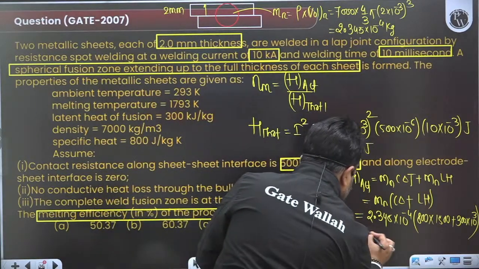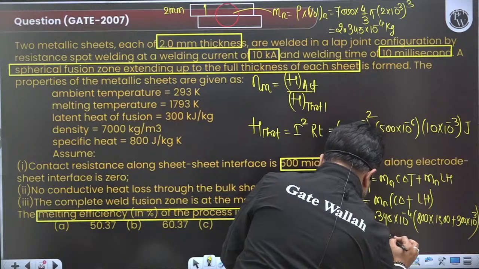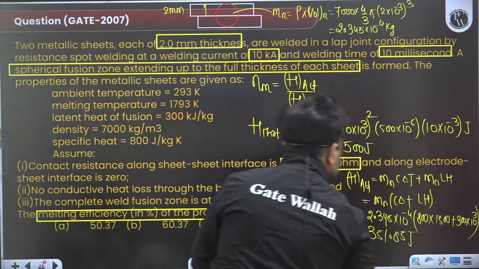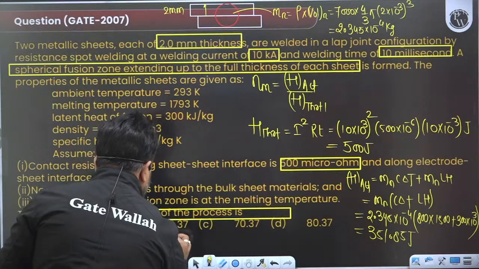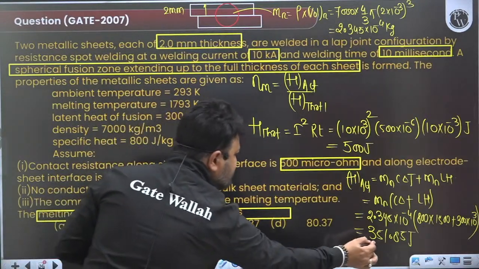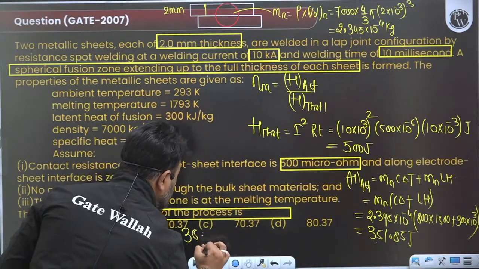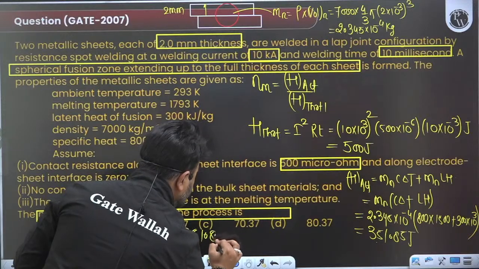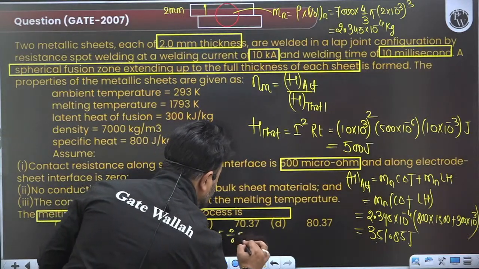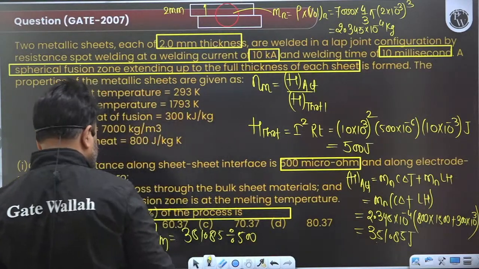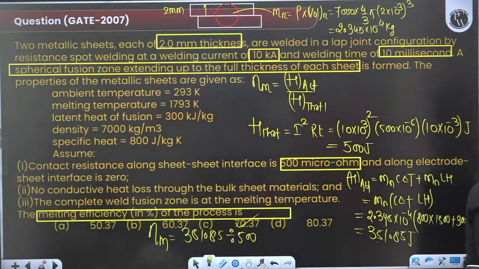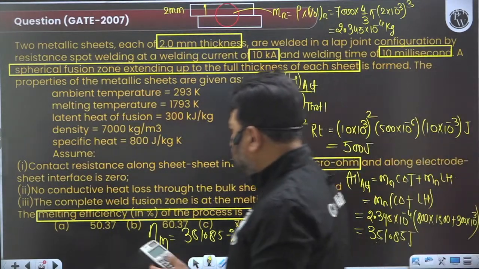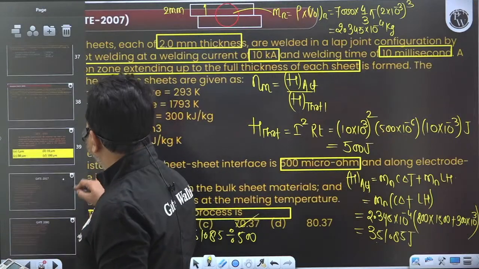So here it comes 351.85 joule. So what is the melting efficiency then? The melting efficiency is 351.85 divided by 500. So option C will become.